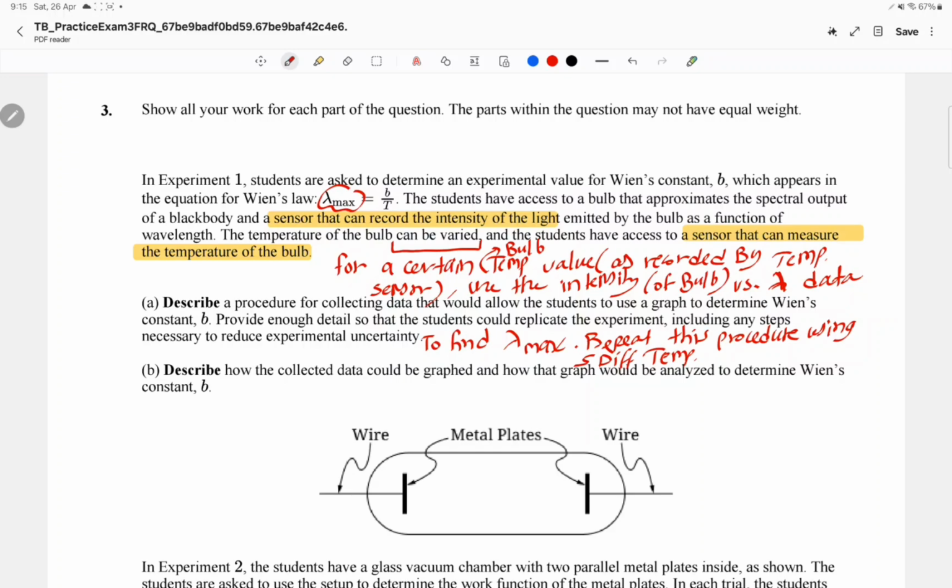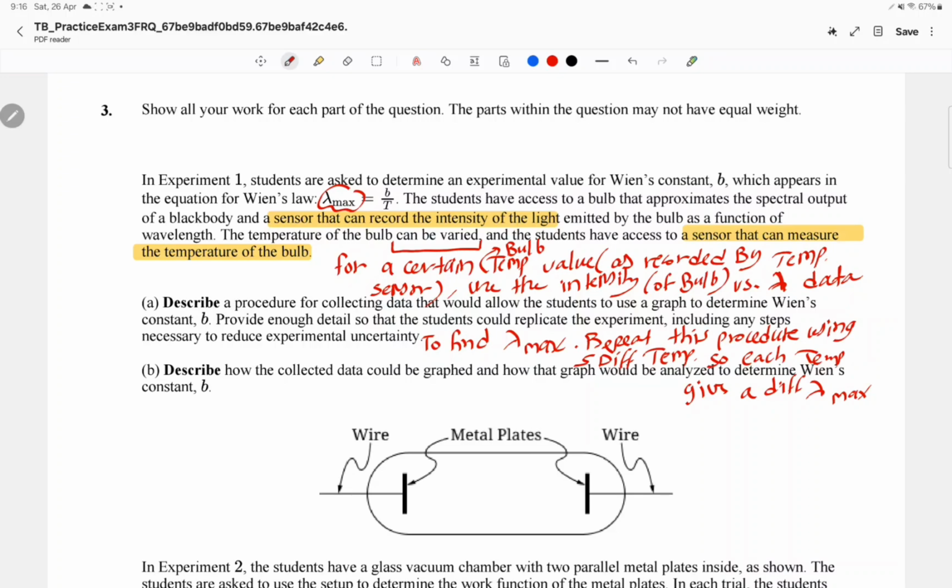So each temperature gives you a different lambda max. Okay. Now it makes some sense. A bit, yeah.